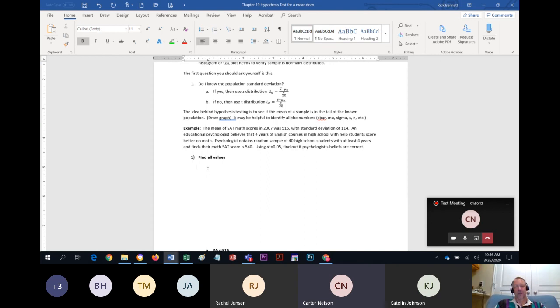Is the mean X bar equals 515? Who agrees with Carter? Or who disagrees with Carter? I'm wondering if it's mu.